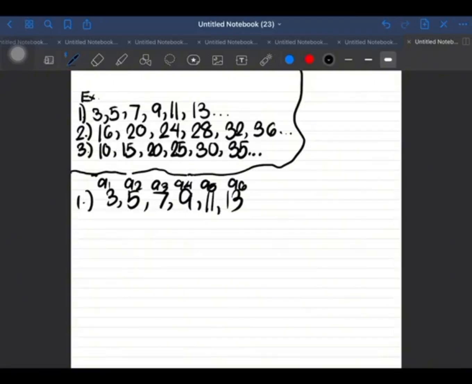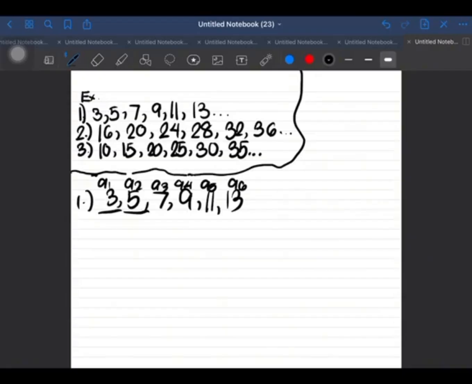So in solving our common difference, we can just subtract a sub 1 from a sub 2. So our a sub 2 was 5, and our a sub 1 is 3.